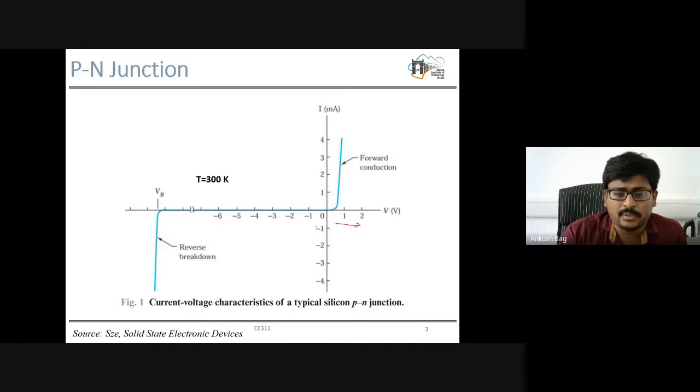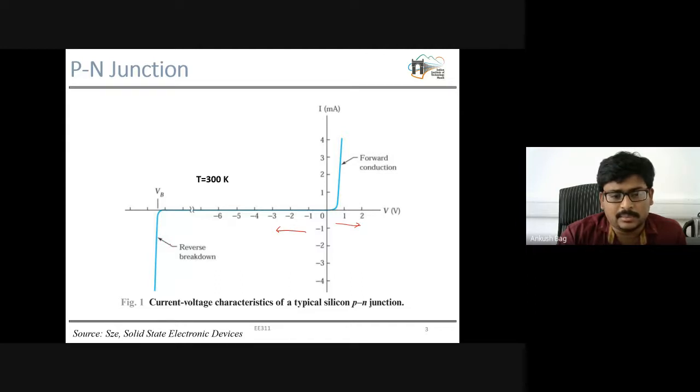When we operate our device in the reverse bias direction, it will not allow any flow of current. If we keep on increasing this bias, maybe at a certain very high voltage, there will be current, but that is called the reverse breakdown, when you will not be able to control the flow of the current.